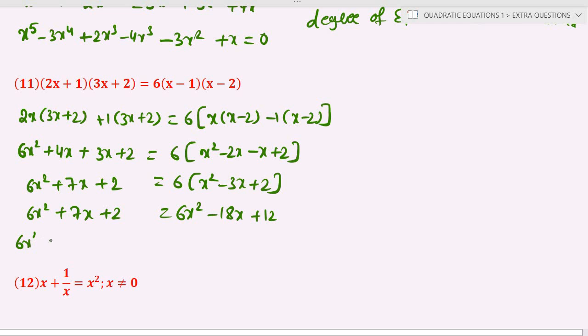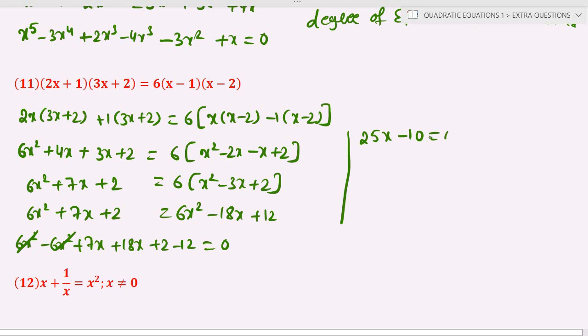And what happens? Everything you take to the left hand side. 6x² − 6x² + 7x + 18x + 2 − 12 = 0. 6x² cancels. What remains? 7x + 18x, that is 25x − 10 = 0.